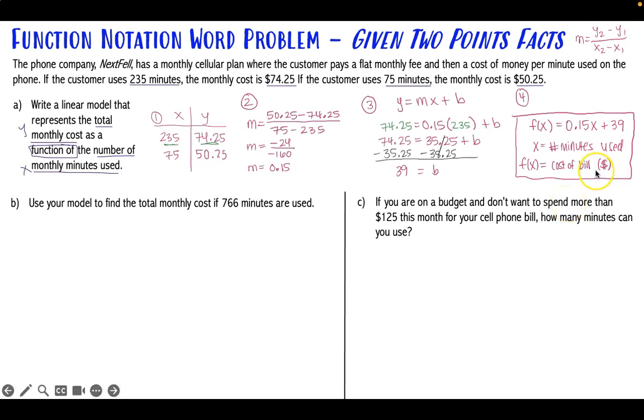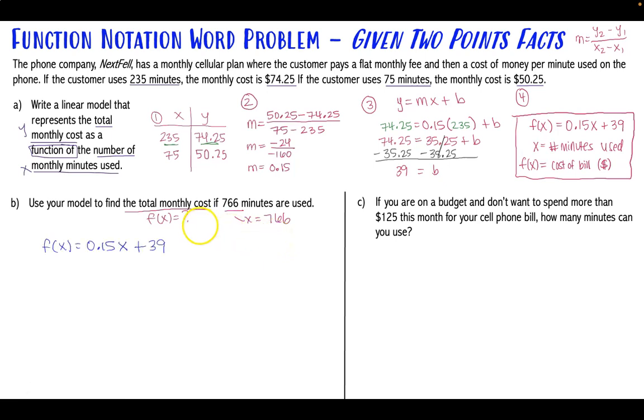So part B says to use your model to find the total monthly cost if 766 minutes were used. So when you read a word problem, ask yourself, what 2 facts did they just give you? Monthly cost, that's our f of x variable, and 766 minutes, that's our x variable. So they gave us x and they're asking us to solve for y.